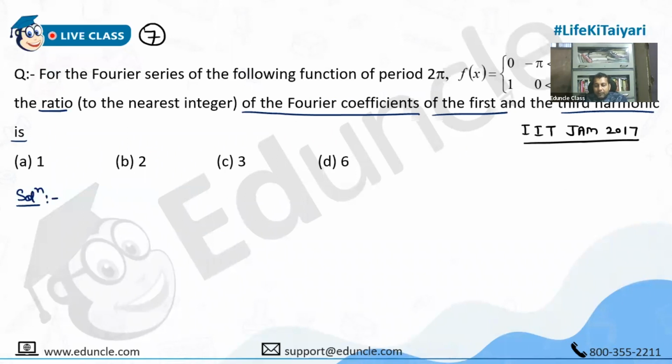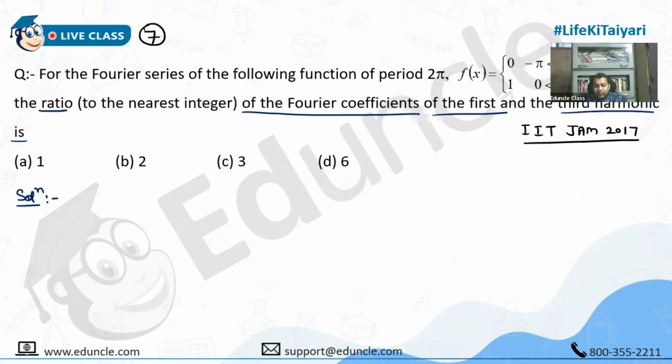So now the problem is I need to find both AN and BN because function is neither odd nor even. So it may be the ratio of the A coefficients or B coefficients. Okay, and that I need to find. And the only way is by solving for AN and BN.